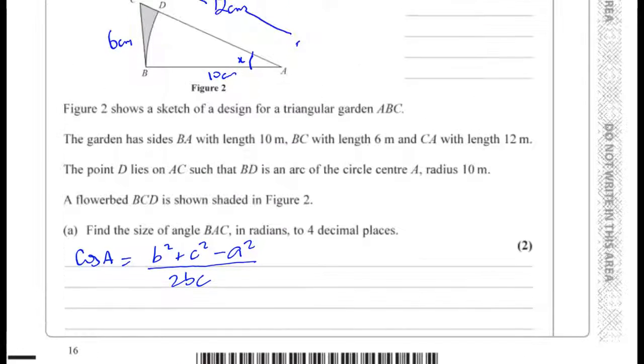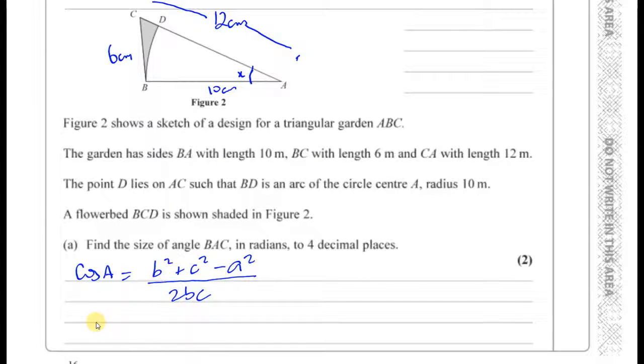Okay, so now what we can do is we can say cosine A is equal to b squared plus c squared, it could be 10 and 12, it doesn't matter which way around, but a must be the 6. So 10 squared plus 12 squared minus 6 squared over 2 times 10 times 12.